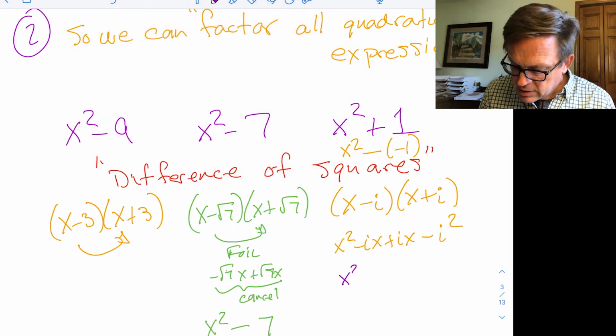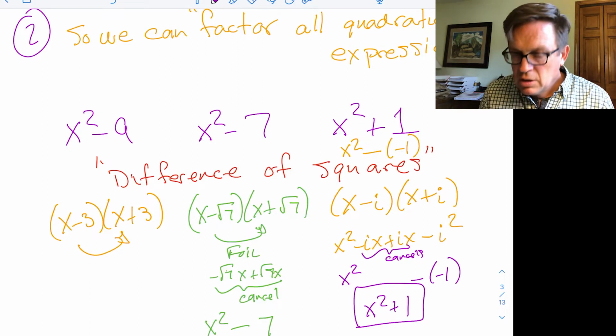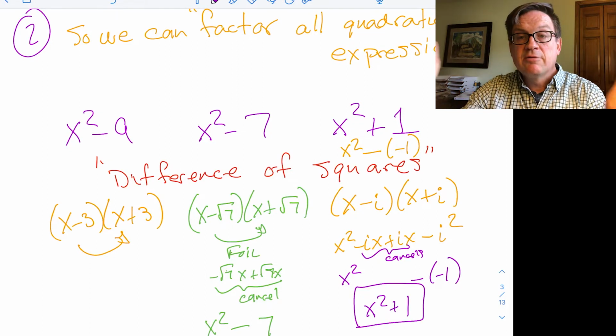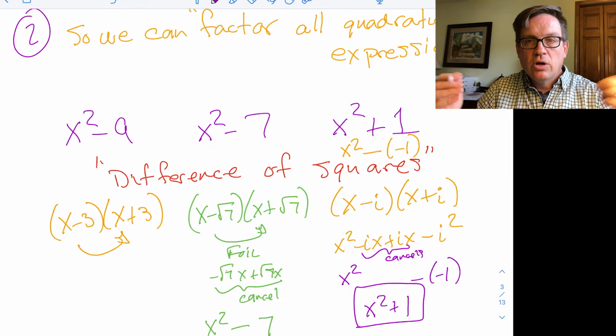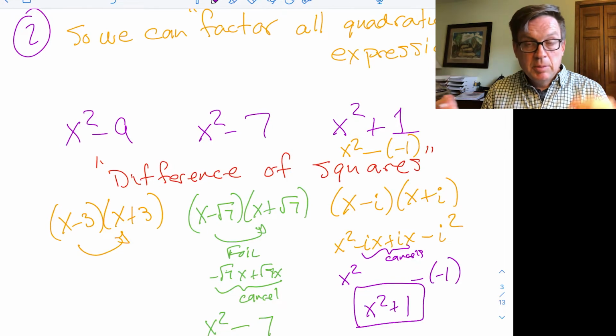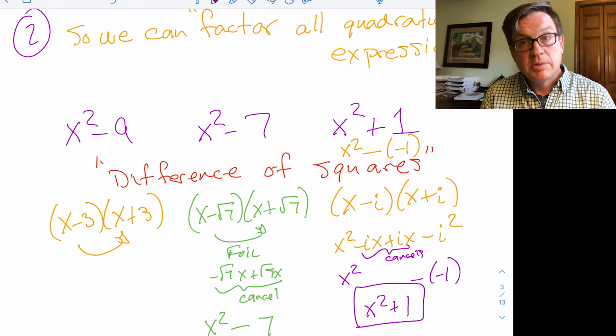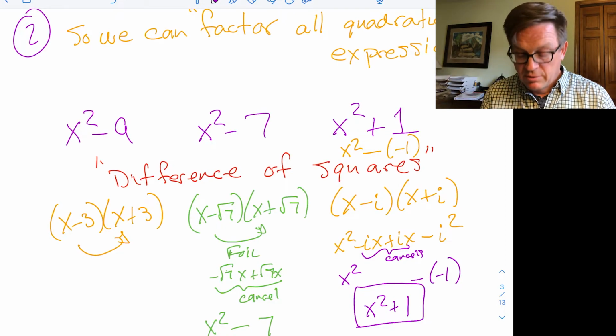Well, that's x squared, this all cancels, minus negative 1, which is x squared plus 1. So mathematicians like the fact that we can find solutions for every equation, and sometimes you need complex solutions. And you also like to be able to factor all the way down to linear terms. And so sometimes you need complex numbers in your factors.